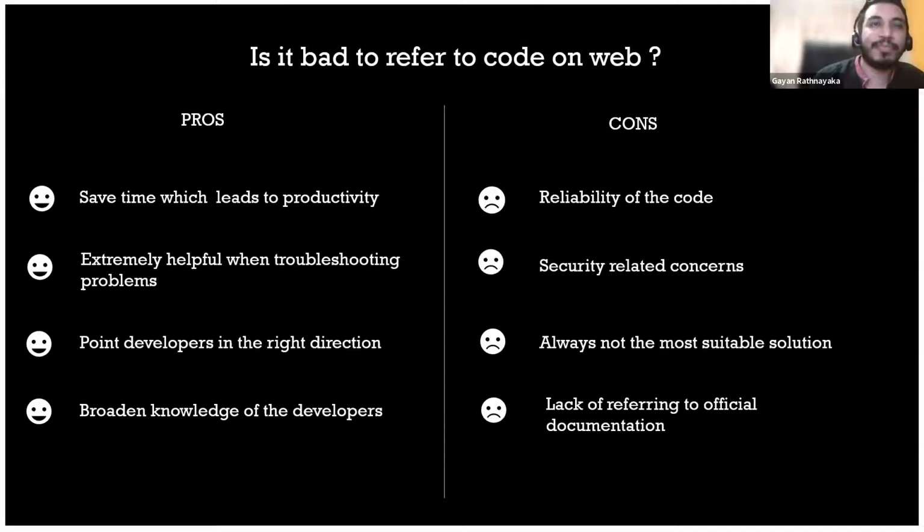I don't think it's a good practice, because especially when you are going into unknown territory, a lot of people suggest you refer to the documentation first, right? Then if you can't get an answer from the documentation, you should go to the web. So it's the other way around. I know it's kind of a hard way, but I think it's the most proper, the suggested way. So okay.